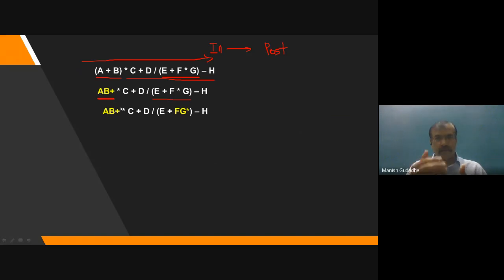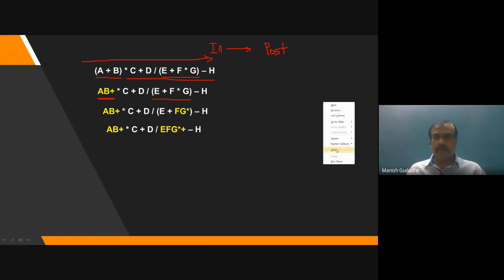We are reducing the whole expression into postfix form one by one. So the first bracket is resolved. We are on the verge of solving the second bracket. In the second bracket we have two operators, so the higher precedence operator will be executed first. So EFG, now plus will be there.